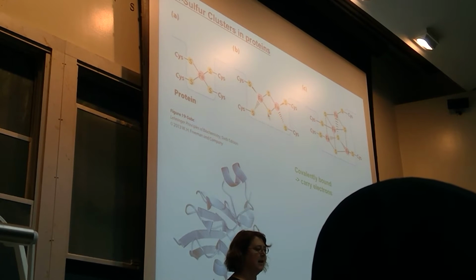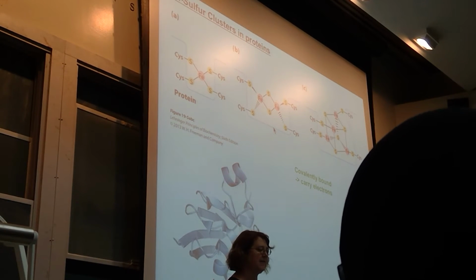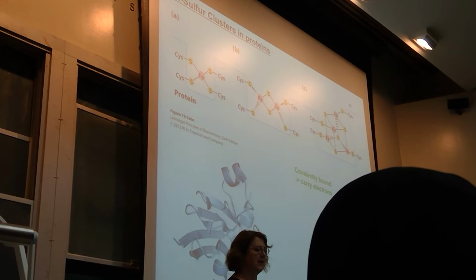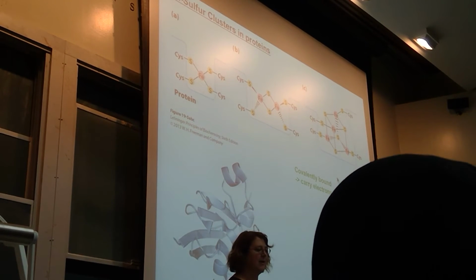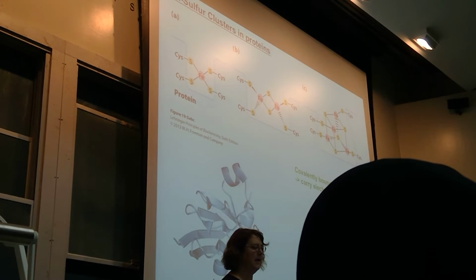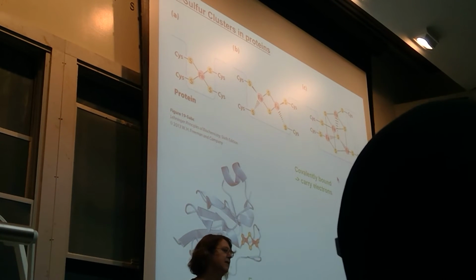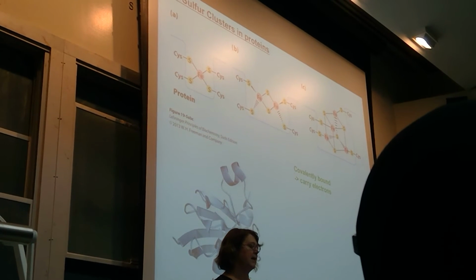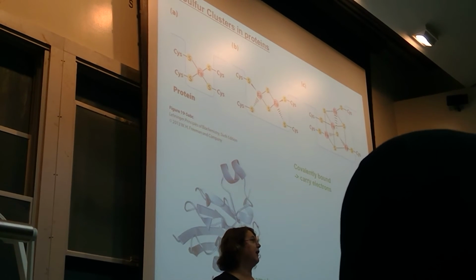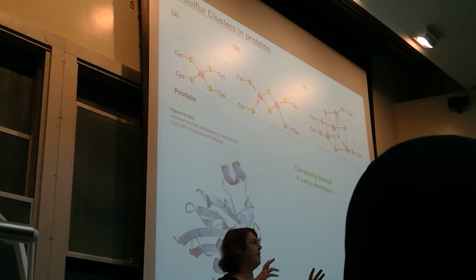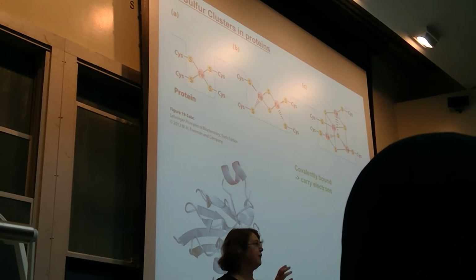It can also coordinate a group of irons, and it can be coordinating in a more sophisticated structure as well. And all of these will have slightly different electron reduction potential and characteristics based on the relationship with the protein and that particular center.